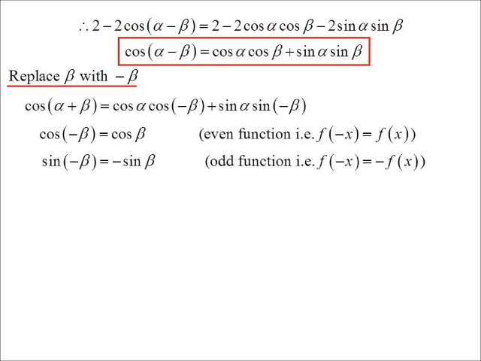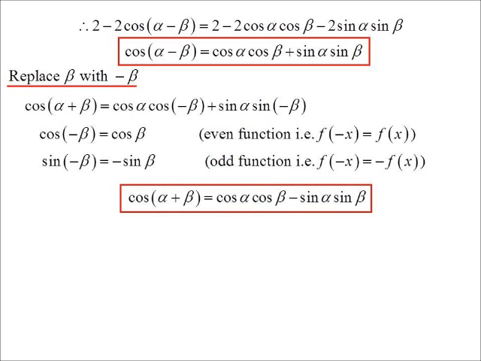Whereas sine was the odd function, so sine of minus beta will be minus the sine of beta. So I can tidy this formula up now. Cos of alpha plus beta is cos alpha cos beta minus sine alpha sine beta. Very similar formulas, but you'll notice when it's plus here, it's minus there. And when it's minus on the left-hand side, it's plus.